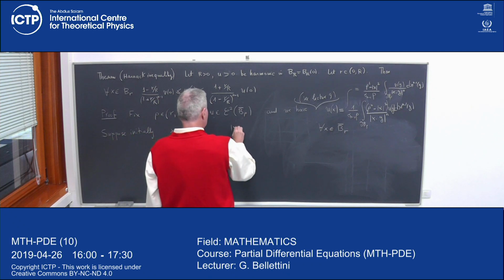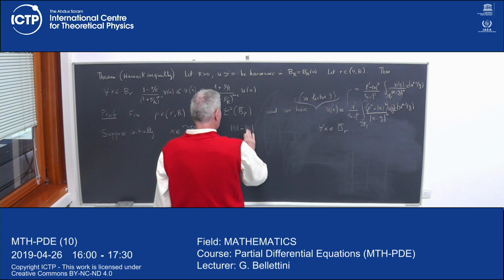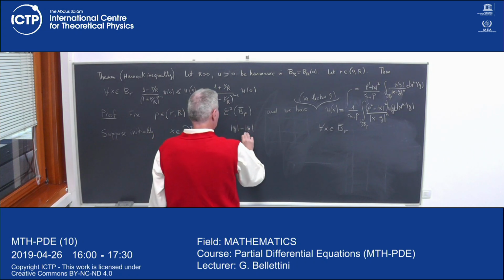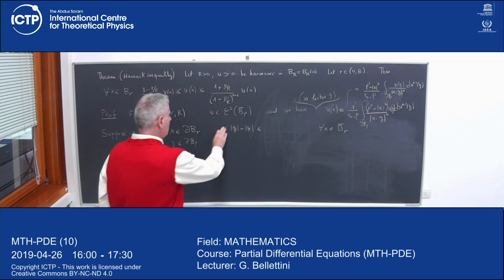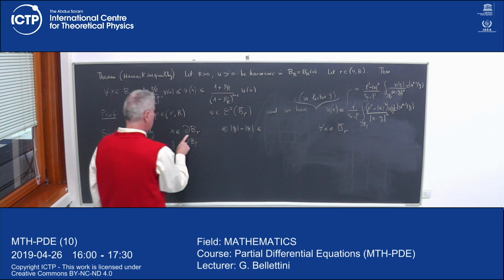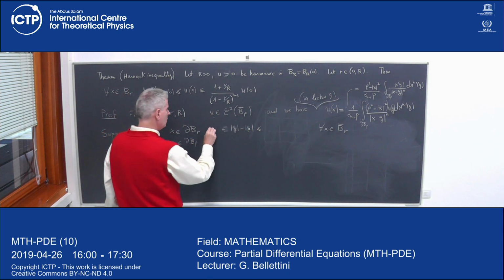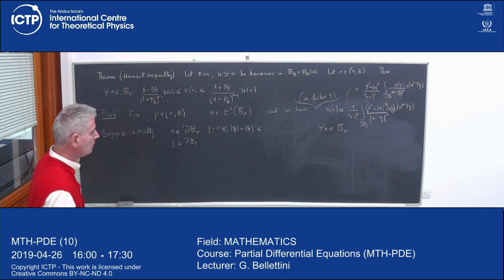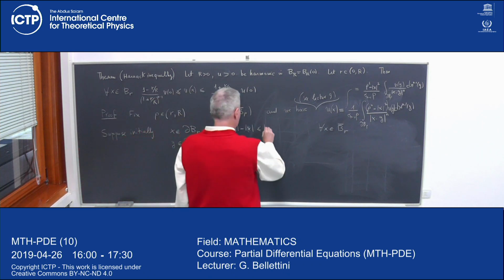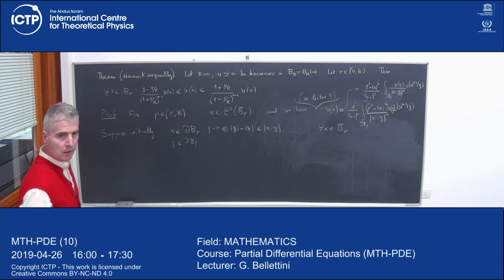So x minus y, when x is here and y is here, is greater than rho minus r, by the triangular inequality.